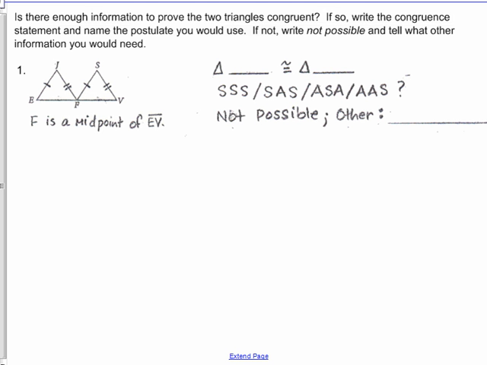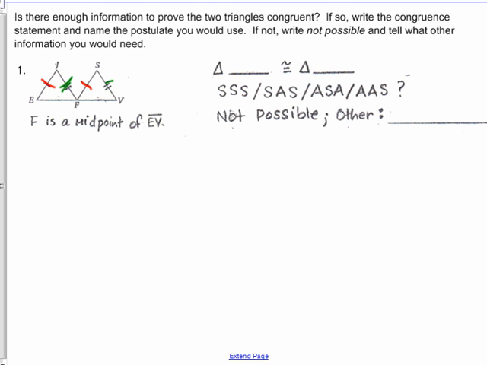Now we have to figure out if there's enough information to prove these triangles are congruent. So if they are, then we write the congruent statement. Otherwise, we say not possible. All right, well, looking at the picture, I see two sides that are congruent. This one and this one.